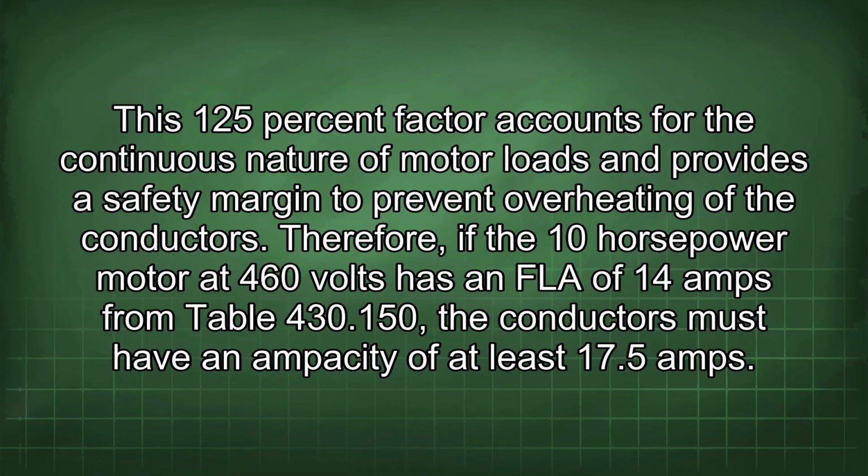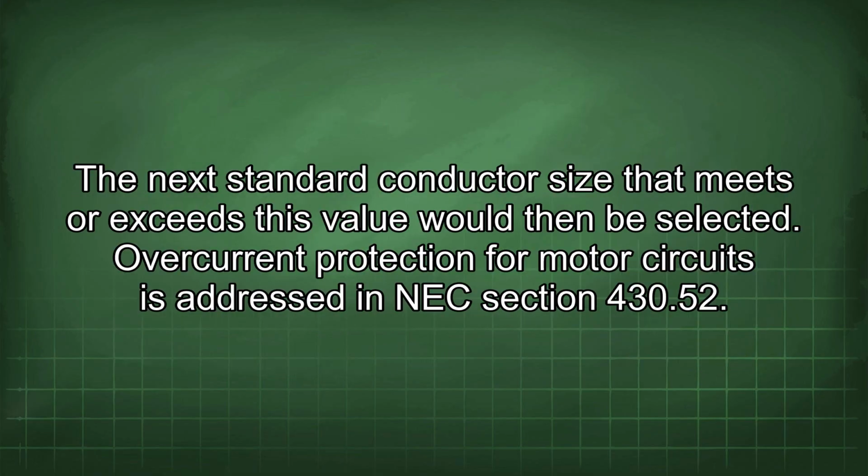Therefore, if the 10 horsepower motor at 460 volts has an FLA of 14 amps from Table 430.150, the conductors must have an ampacity of at least 17.5 amps. The next standard conductor size that meets or exceeds this value would then be selected.